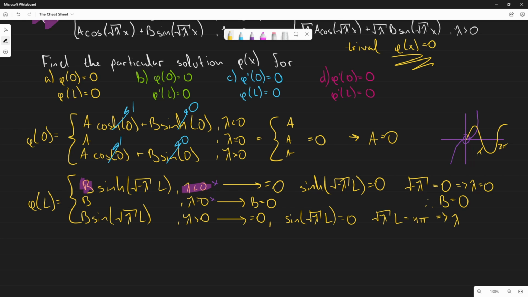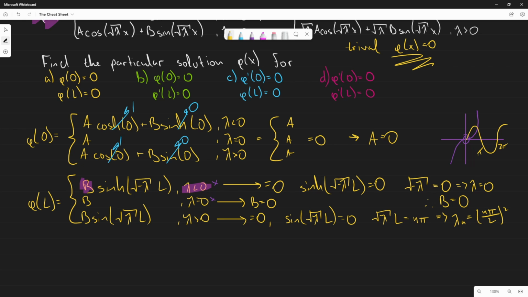And so what this now tells us is that there'll be infinite solutions for this one because sine goes on forever. So there's going to be a lambda with a subscript of n of n pi over L, quantity squared.